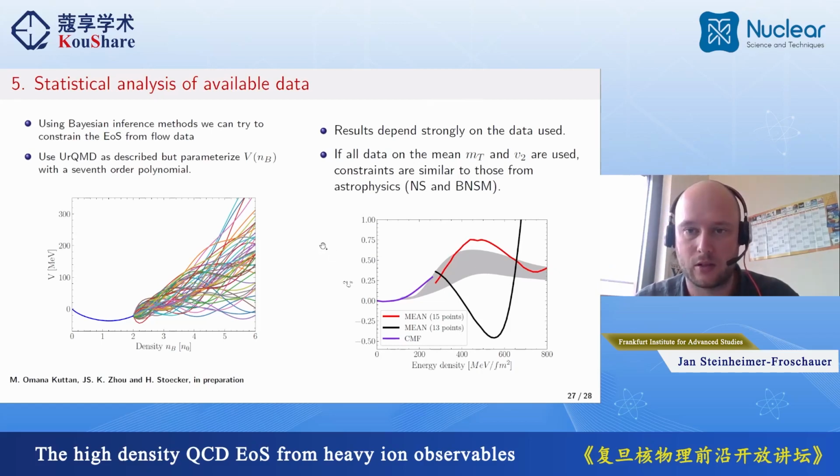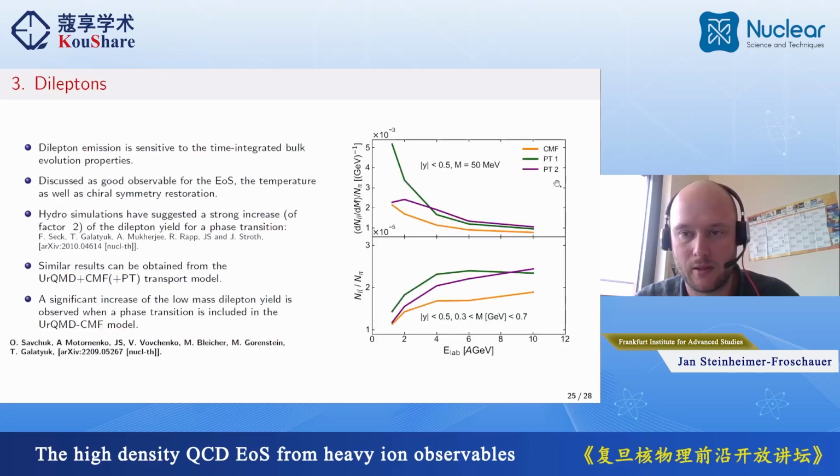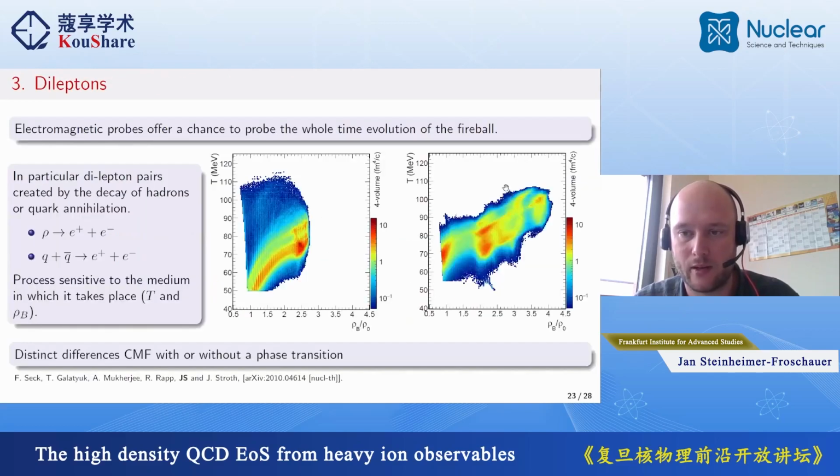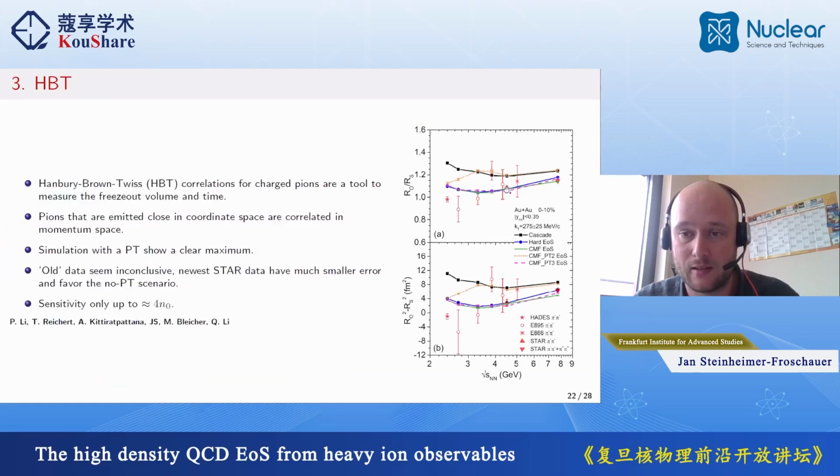Only if you want a very strong dip do you need the phase transition. And for the HBT, the problem is that the only points which have small enough error bars to say anything are this point here at 4.5 GeV and then 7.7; the other ones, the error bars are basically consistent with anything. So I think we need much better data for the HBT in the low energy region to say anything.